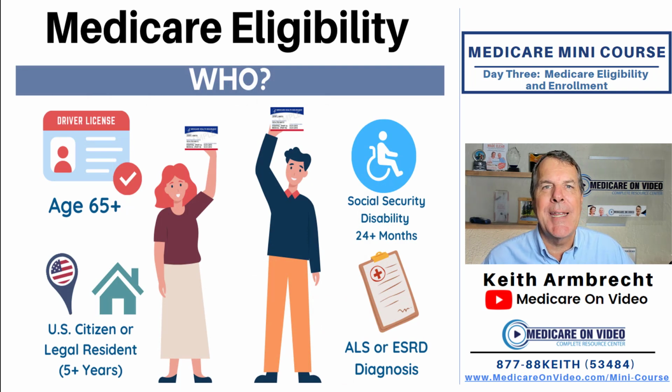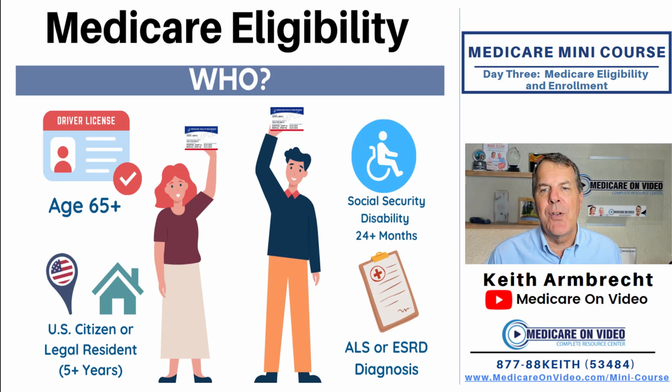Let's talk about Medicare eligibility. Who is eligible for Medicare? It's really not super complicated, but you could either be age 65 or older. You must be a U.S. citizen or a legal resident for 5 or more years. That makes you eligible for Medicare. Or you could be on Social Security disability for 2 years.